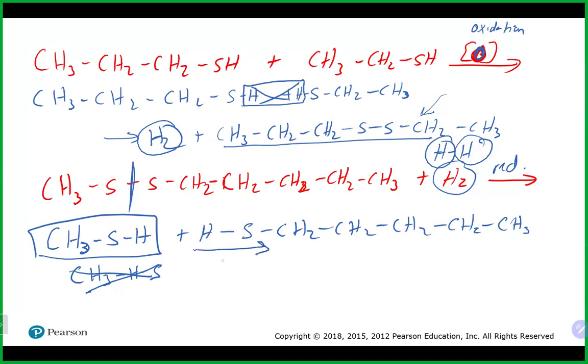You don't. If you wrote CH3, CH2, CH2, CH2, CH2, and SH, that's all good too. But you shouldn't put the CH3 and the H in the middle, then the S. So you want to do the S first and then the H on the outside of it. Yep. Other question?